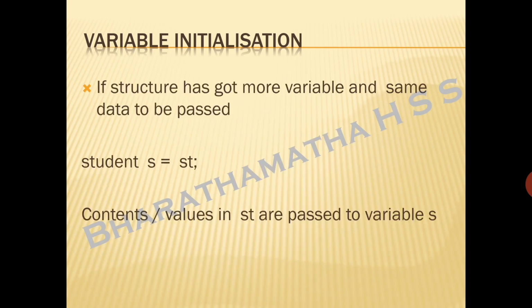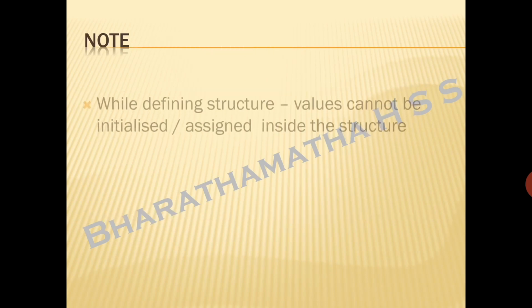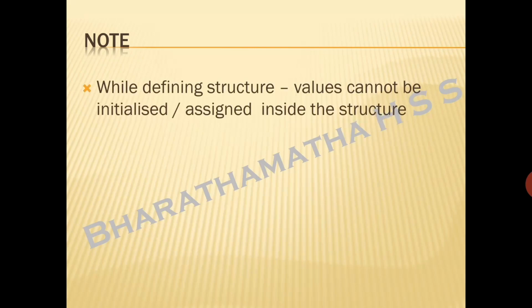Now if you want to pass the value to another variable of the same structure, look into this statement: student S is equal to ST, which means that the contents or values in ST are passed to the variable S. So note, defining structure, values cannot be initialized or assigned inside the structure.